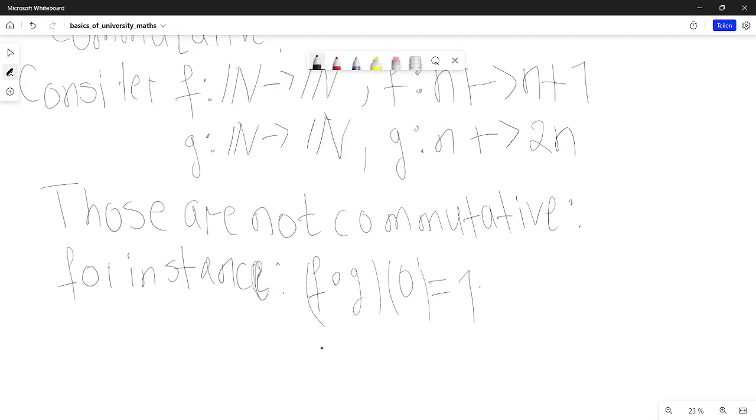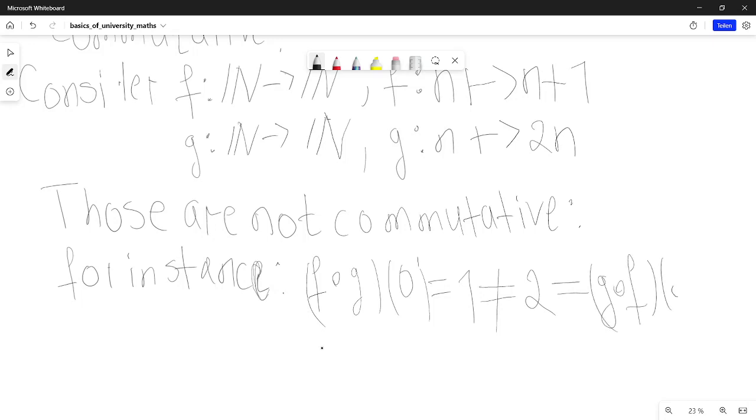And this is not equal to what? Well, G composed with F, first F, then G, applied to 0.